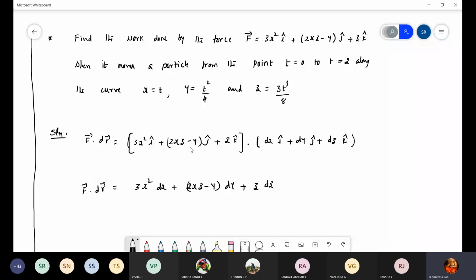And the procedure is the same as the previous problem. First you have to calculate F dot dr. It's a scalar, no i j k will come. And then what is given, x, y, z in terms of t, you calculate all dx, dy, dz.